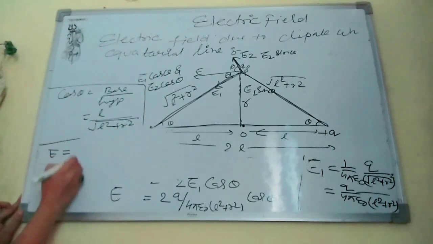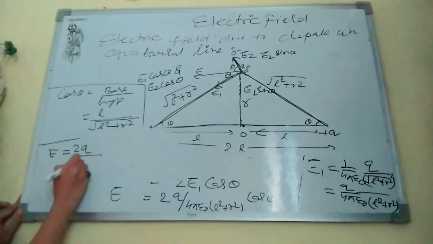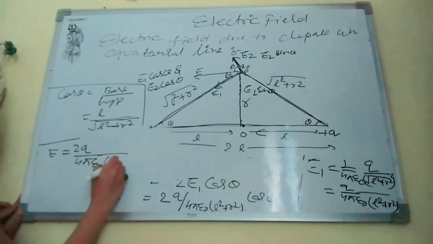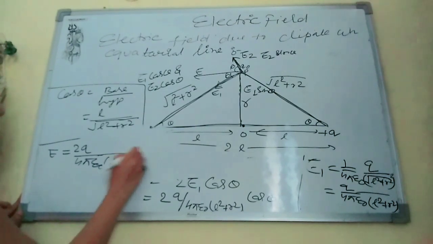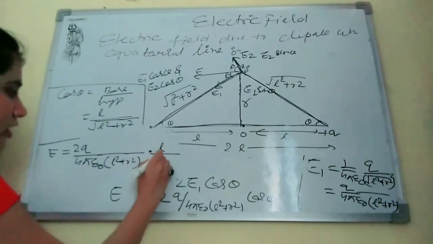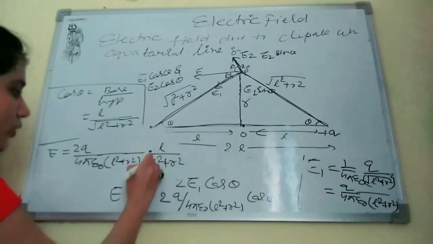E equal to 2Q upon 4 pi epsilon naught, L square plus R square, and now the value of cos theta is L upon L square plus R square in the root.